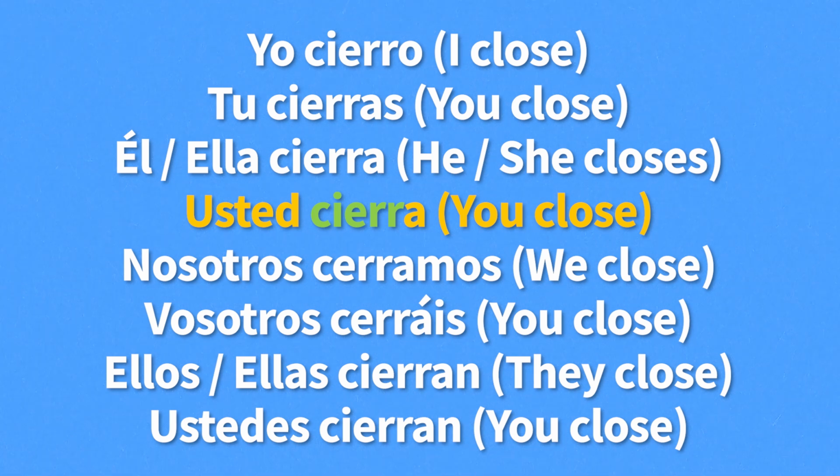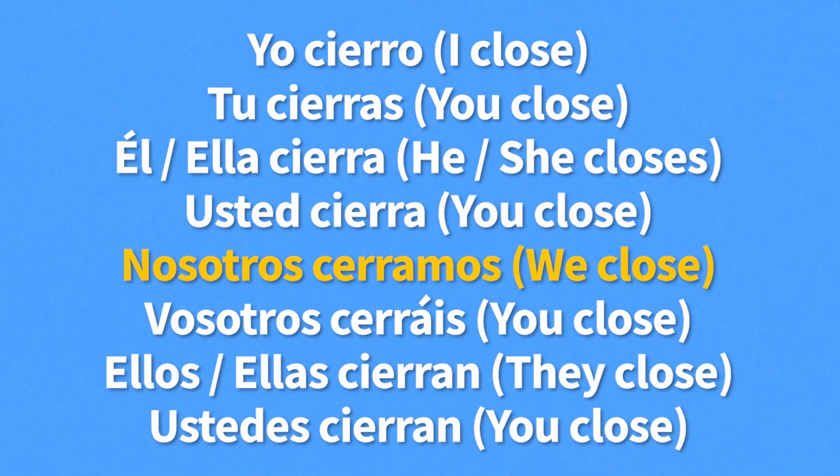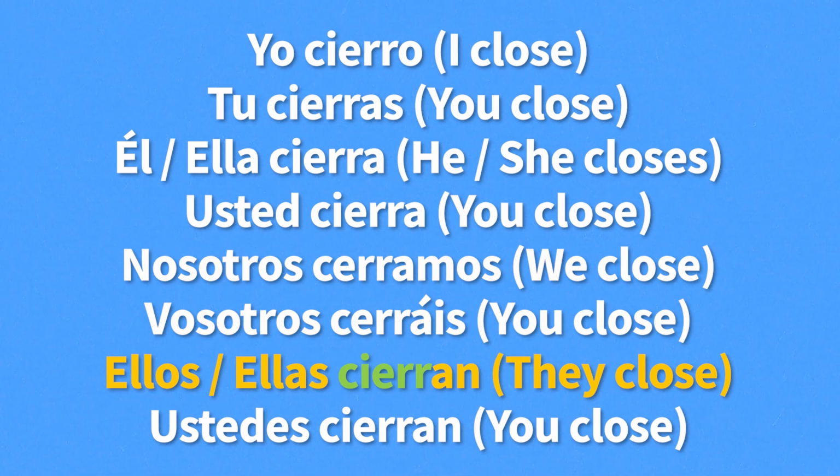Usted cierra, you close. Interestingly, the nosotros, we, and vosotros, you all forms are not affected by these stem changes. Nosotros cerramos, we close. Vosotros cerráis, you close. Ellos, ellas cierran, they close.